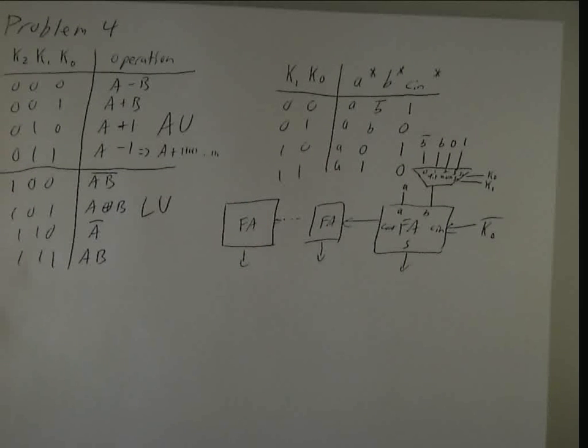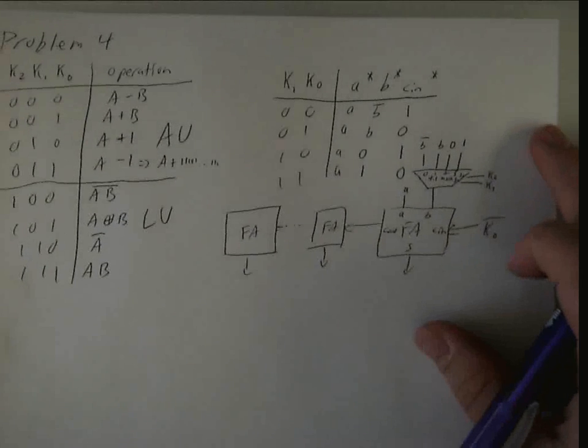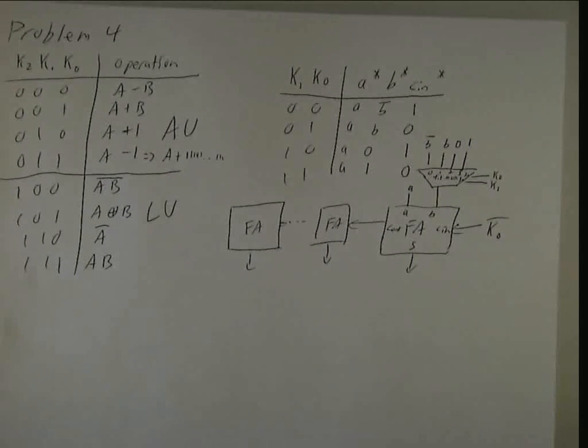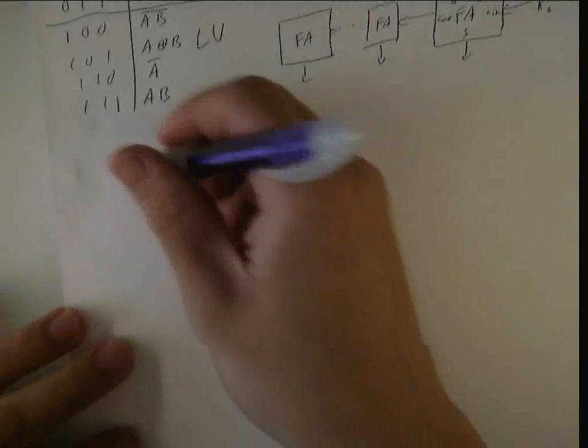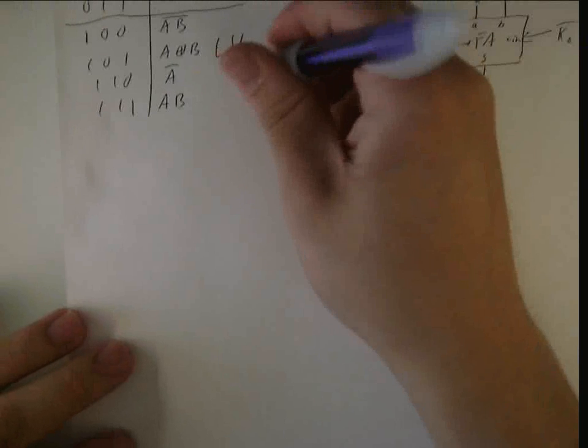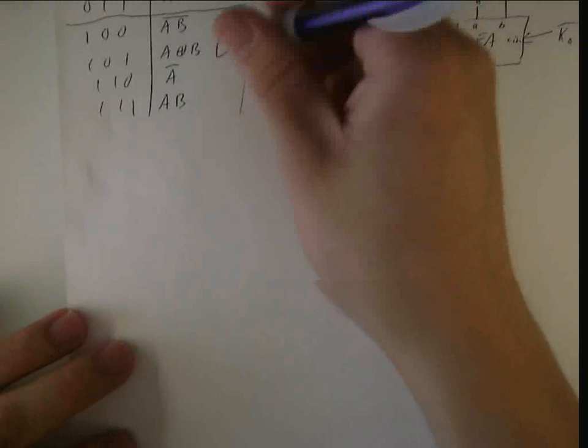And that completes the design for each of these. And so this is my first ALU design. And then for my logic, so this is my AU example.